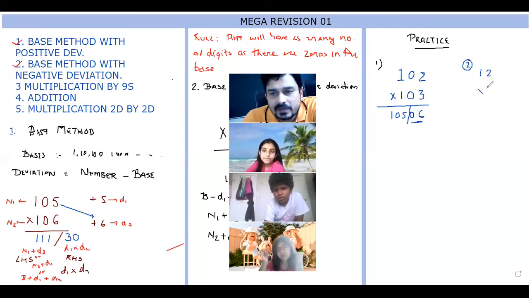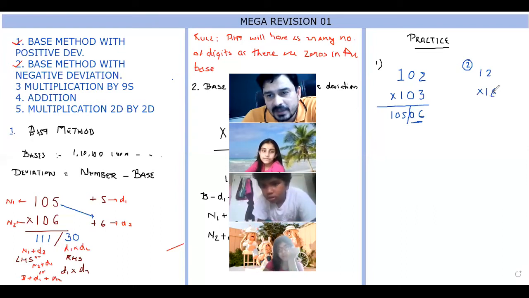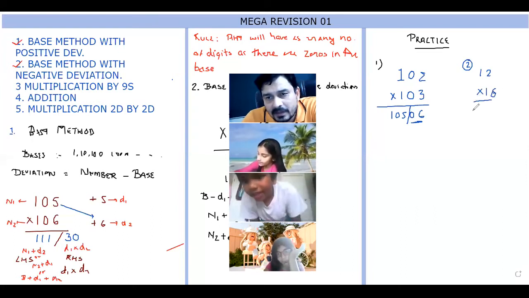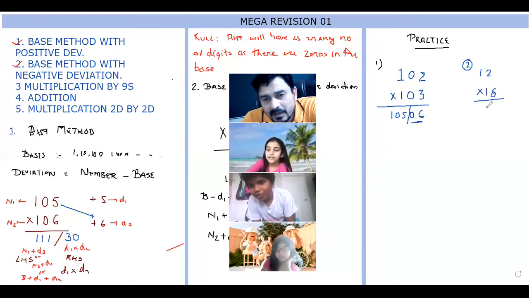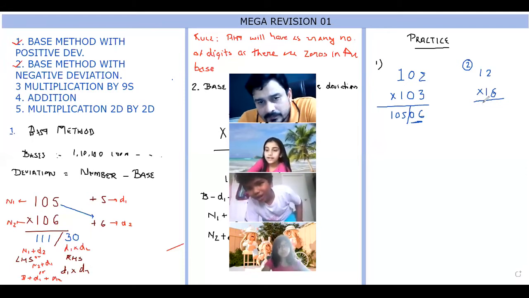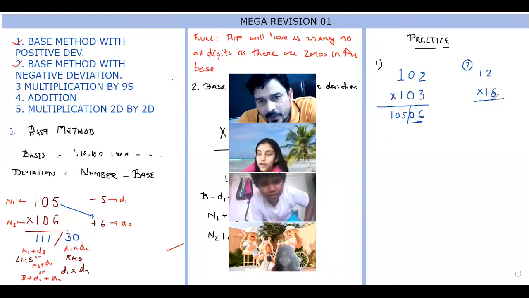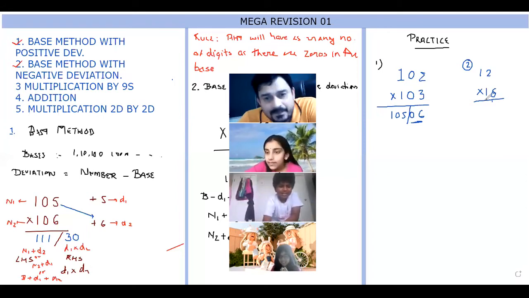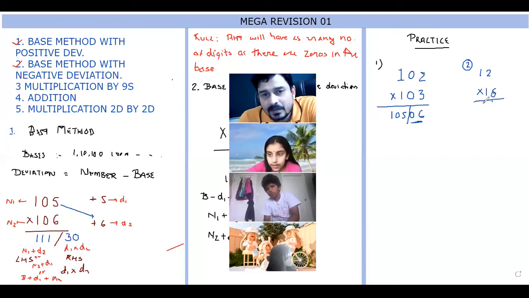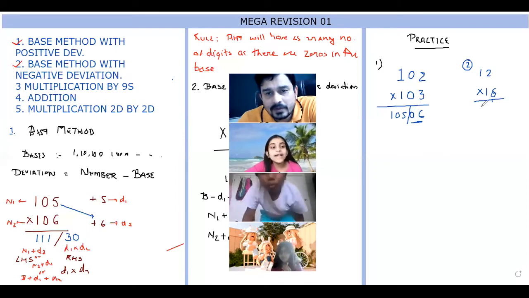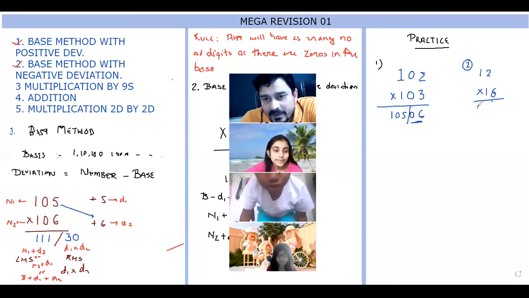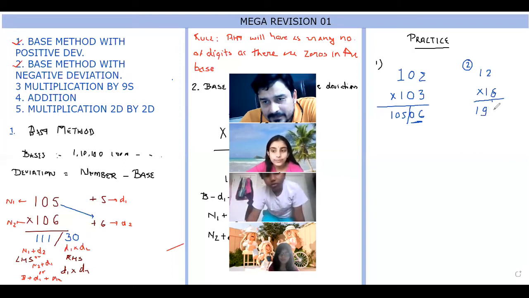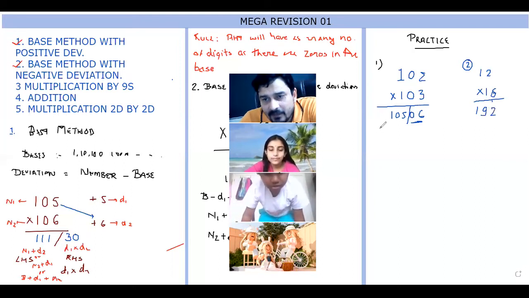12 times 16. The answer is 192. Now the answer is correct.